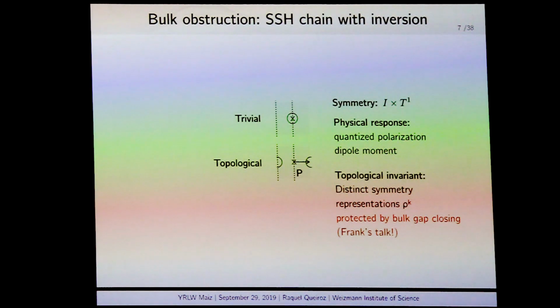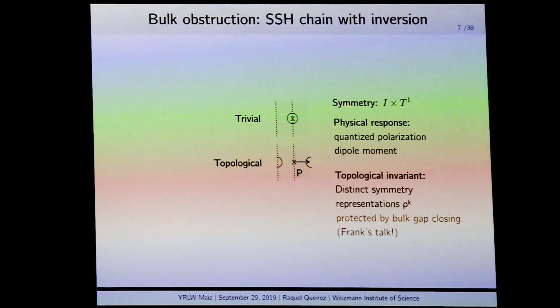For various reasons, one is a simple symmetry argument. These two phases are distinguishable by different symmetry representations. And in fact, Frank already described this very well. The fact that the electron either sits in the center or in the corner is going to be detectable by looking at the symmetry representations at high symmetry points in the Brillouin zone.